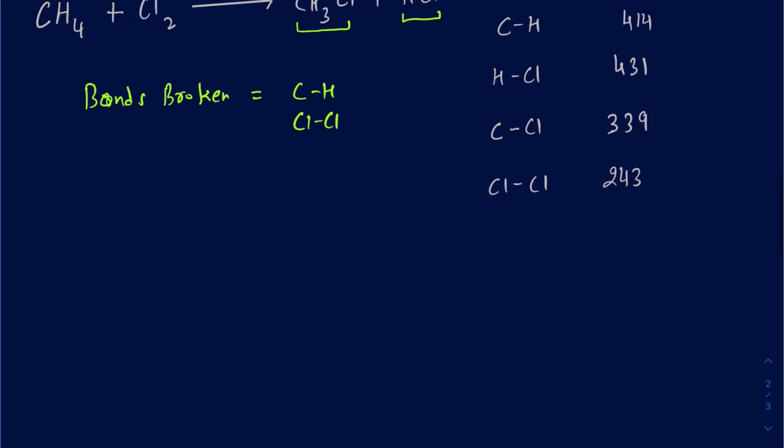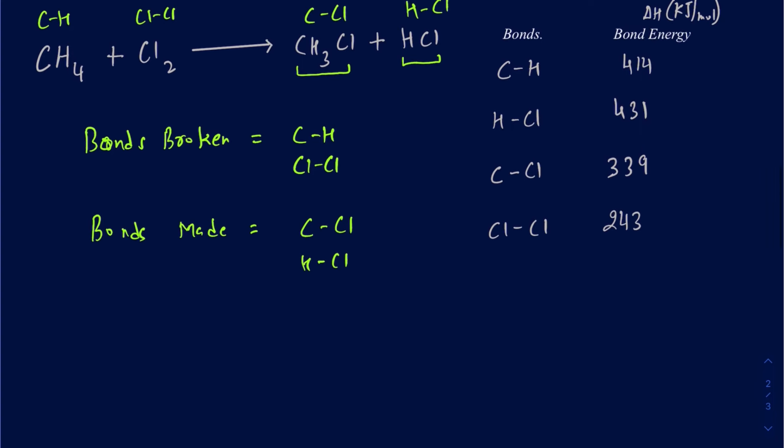And then what about bonds made? The bonds made would be carbon chlorine and then hydrogen chlorine. So at the end of the day, when I'm trying to figure out the delta H of the reaction here, I'm looking at the bonds broken.